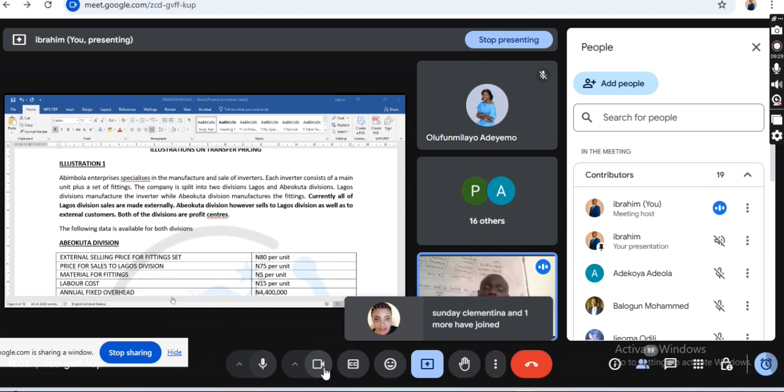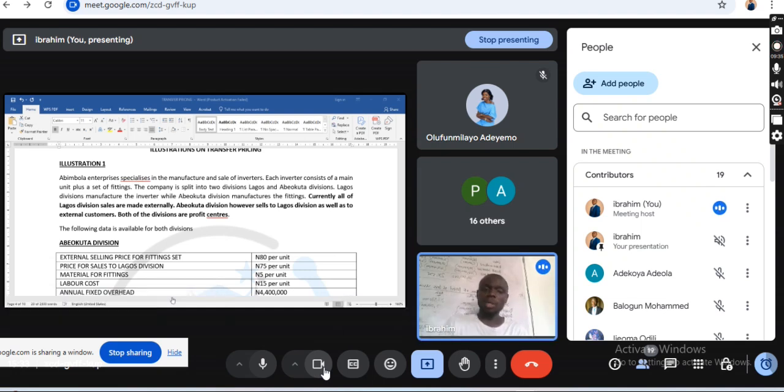One division is producing the phone, the other division is supplying the components you will use in producing the phone. The division that gives you the component is the selling division, because that is the division that sells to you for you to be able to produce the phone.